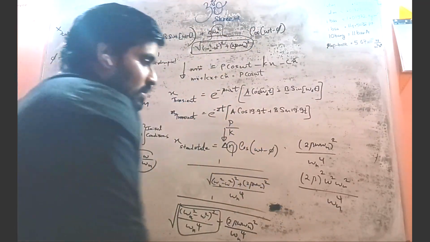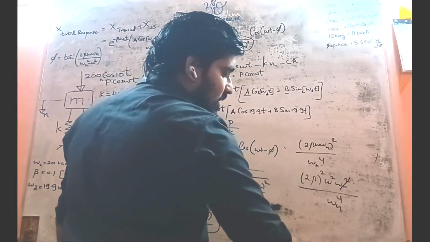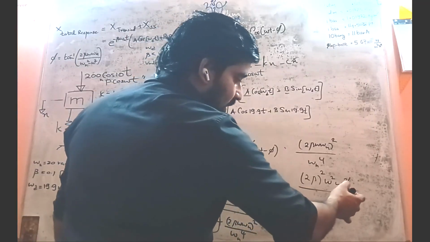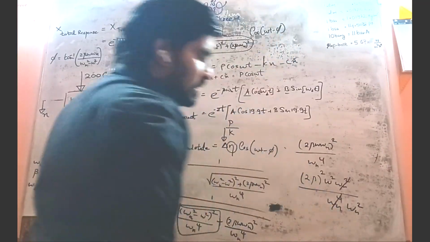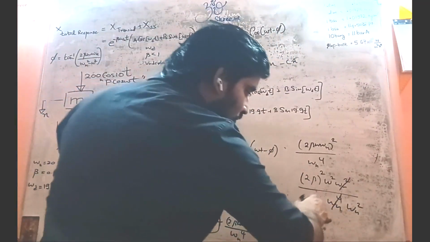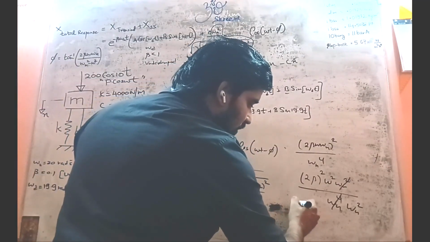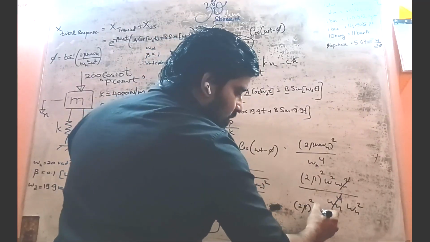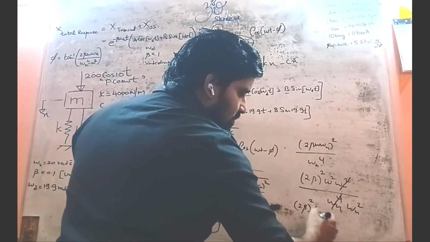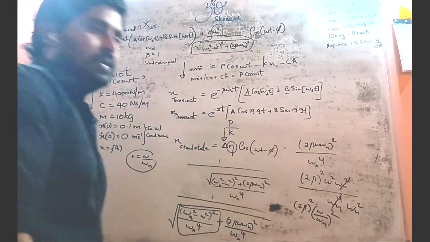The omega n squared cancels with omega n to the power 4, leaving omega n to the power 2. So we obtain 2 beta, whole thing squared, times omega divided by omega n, whole thing squared.